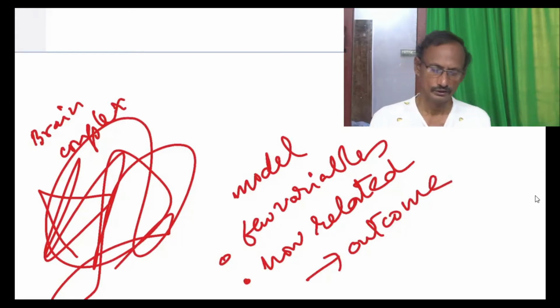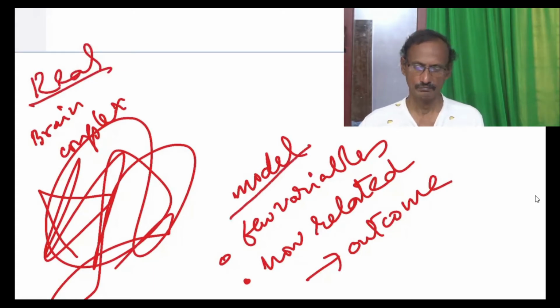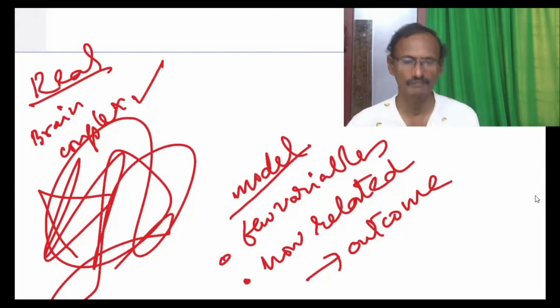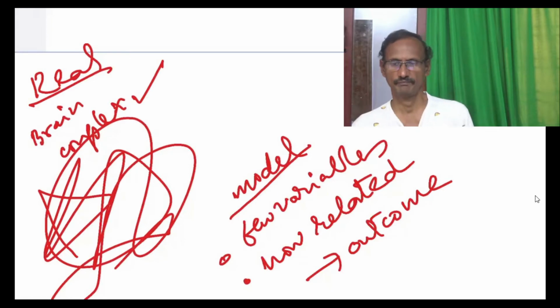So this is real and this is a model. Real is very complex and the model is a simplified version of the complexity.